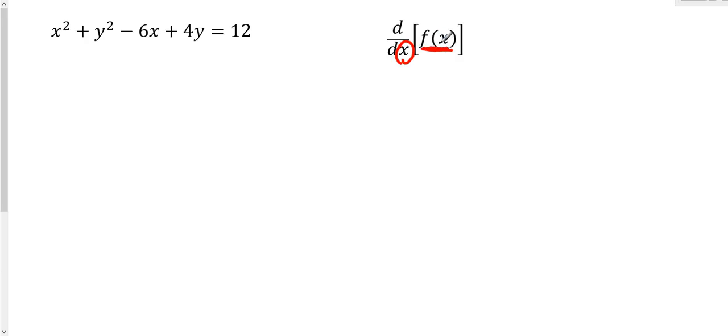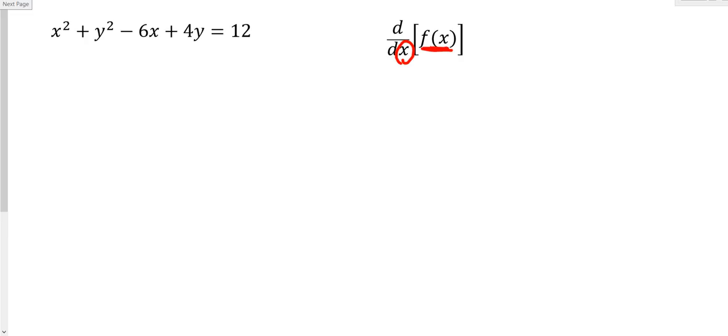Now, if that's a simple function of x, like x to a power, or the sine of x, or the cosine of x, then we can use one of the simple rules. It could be the simple power rule, or the simple sine rule, the simple log rule, the simple exponential rule.